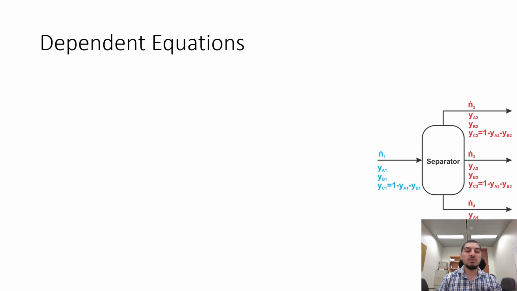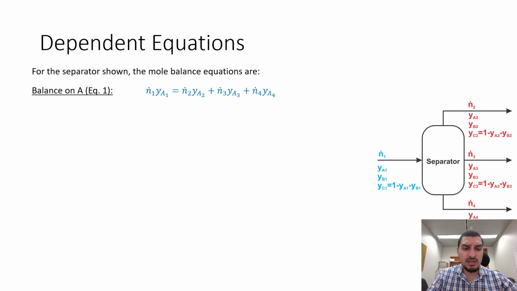Now we want to write the mass balance equations to describe this unit. We have four options: A, B, C, and the total. The mass balance equation of A is the A in stream 1, so N1 YA1 equals N2 YA2 plus N3 YA3 plus N4 YA4. Very straightforward.